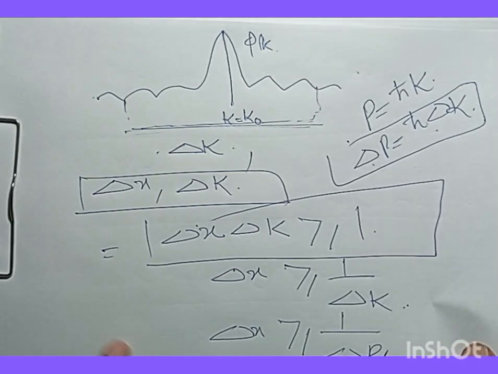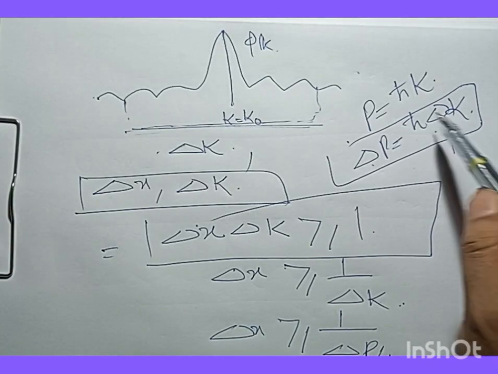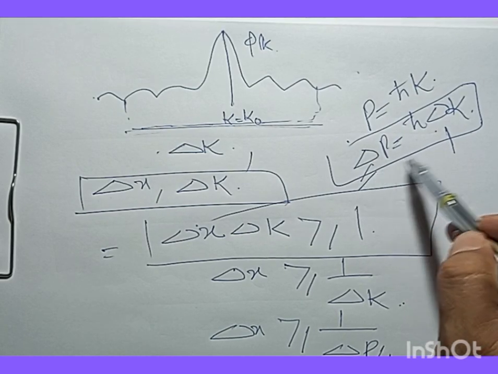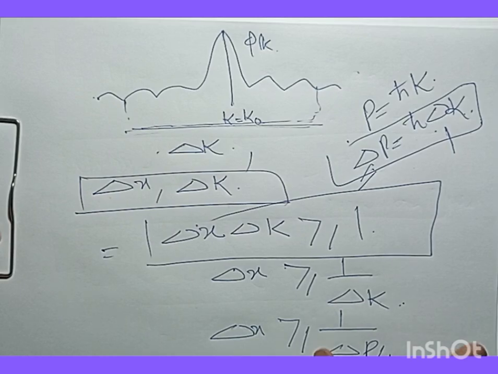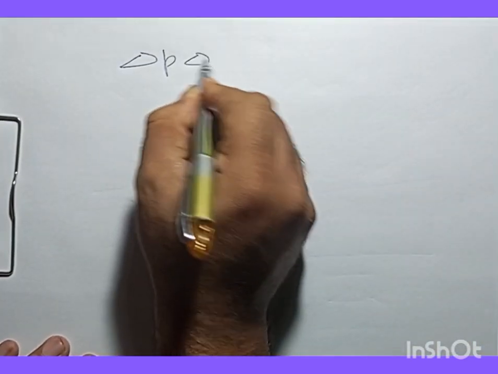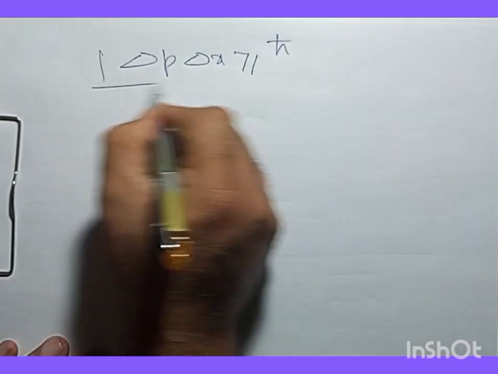So for delta k, I have this. So this h cross will go up, and we will have delta p delta x greater than or equal to h cross.